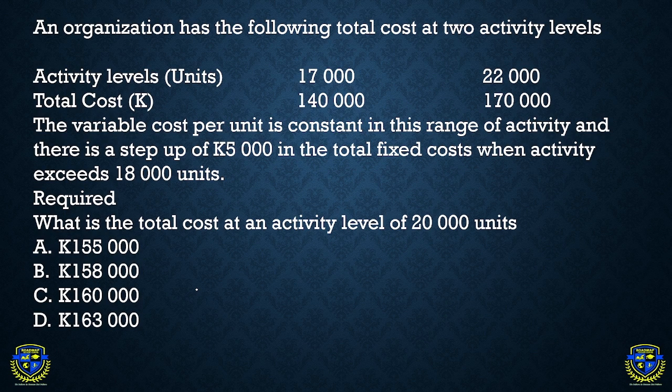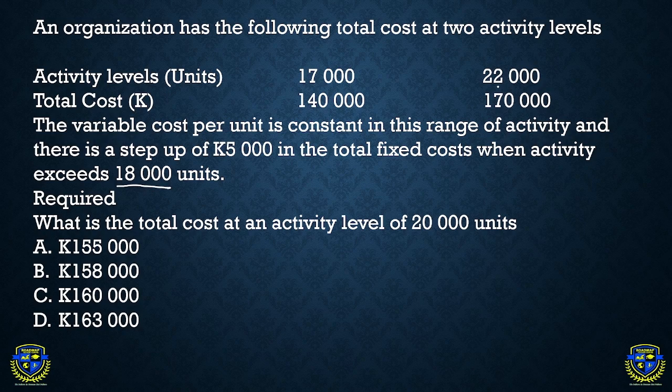Now, if you look at this question clearly, the first units that we have there, they are 17,000 and the total cost is 140,000. That means that these 17,000 units do not exceed the 18,000. So in the 140, there is no addition of the 5,000, which happens to be a step up, provided that the units exceed 18,000.